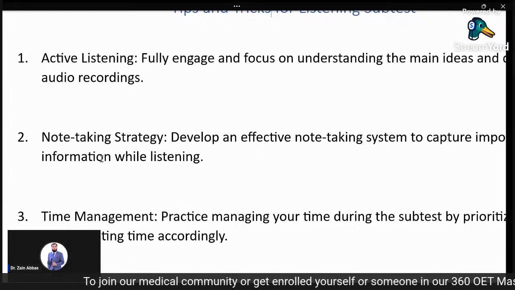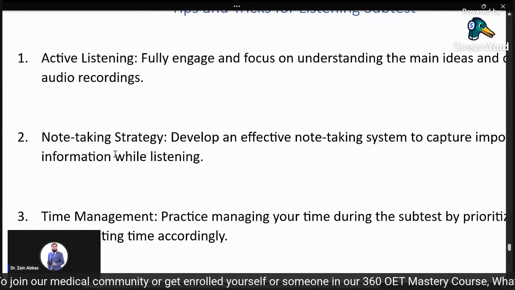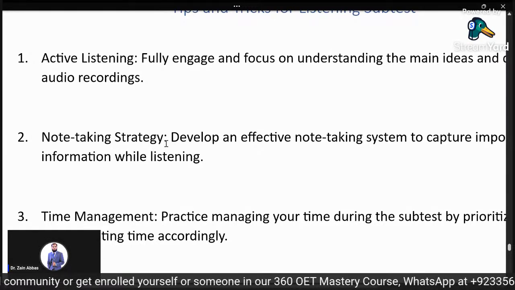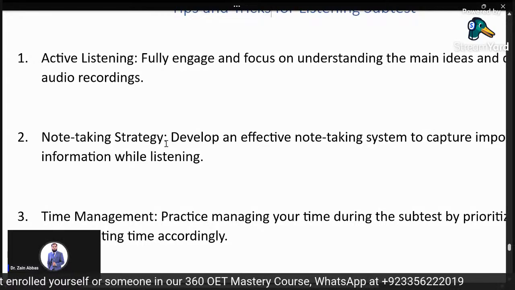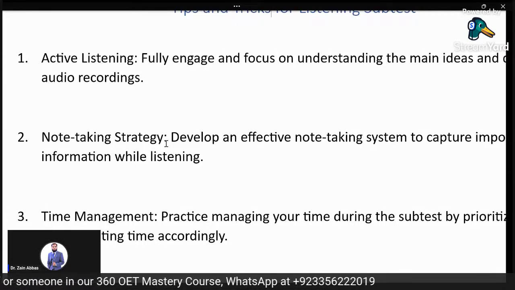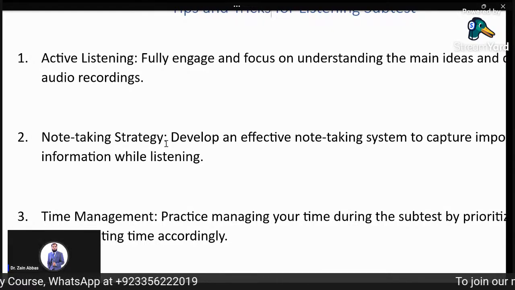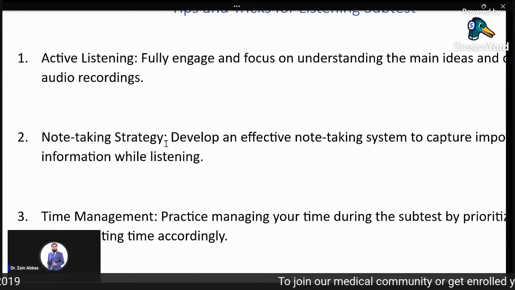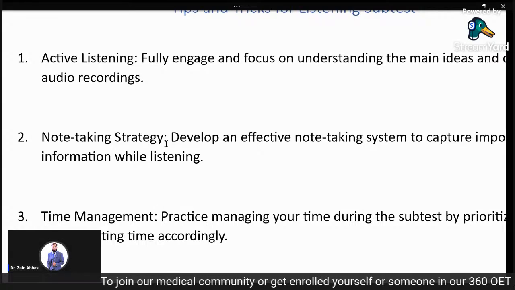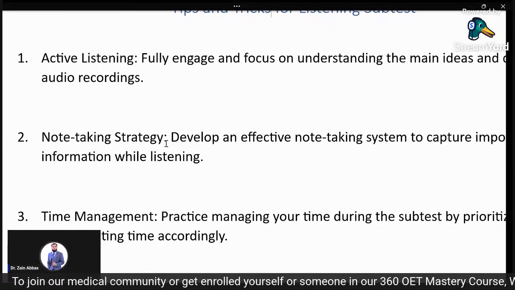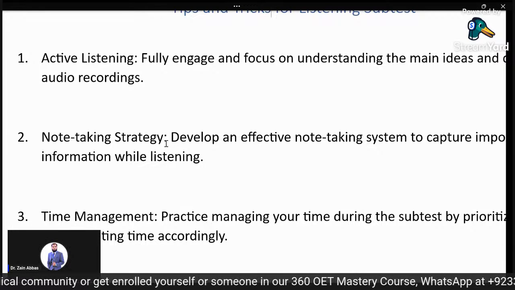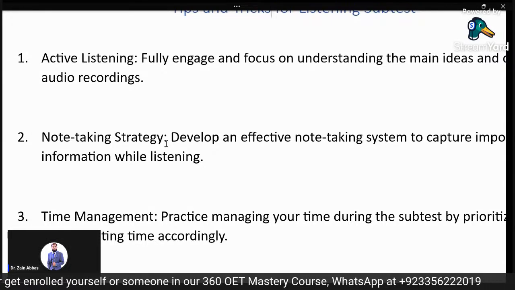In every subtest part, like listening part A, they give you some essential time to read your case notes and your question paper, where you have to answer the points or the MCQs.